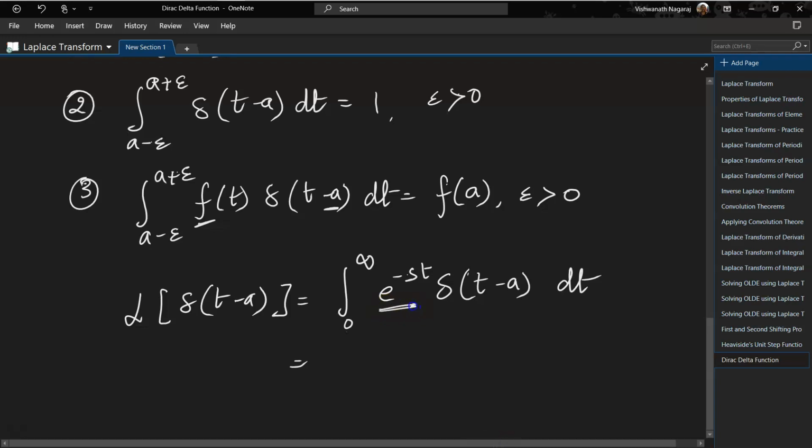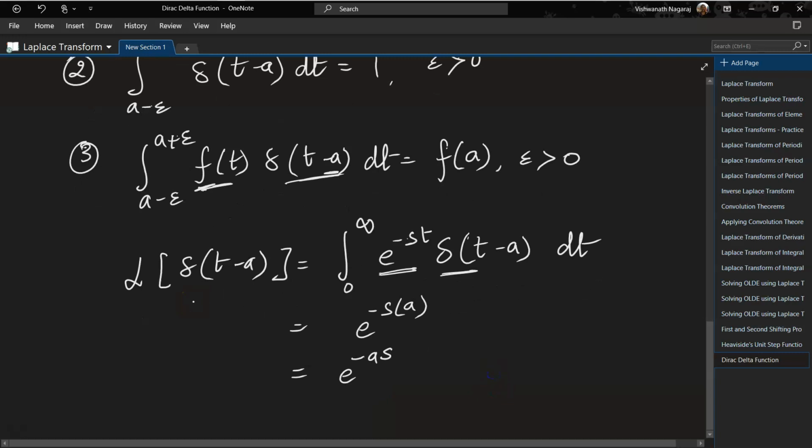We can take this as one function times this integral, so if we take it in this form, we can directly say it is equal to f of a, which is e to the power of minus sa, or e to the power of minus as. The Laplace transform of this is e to the power of minus as.